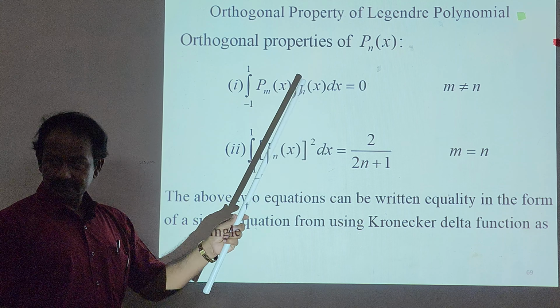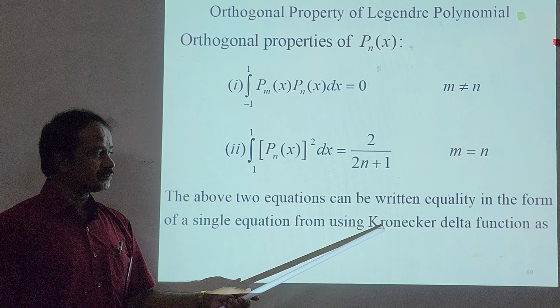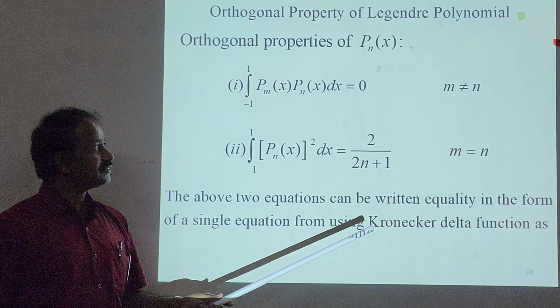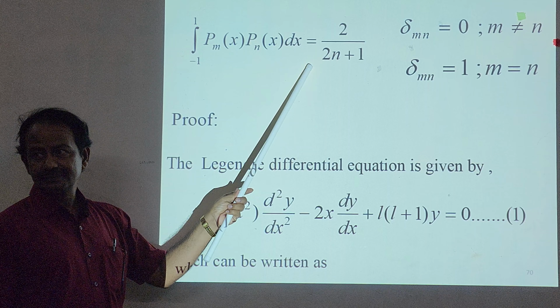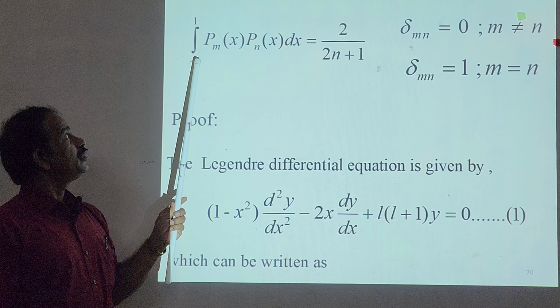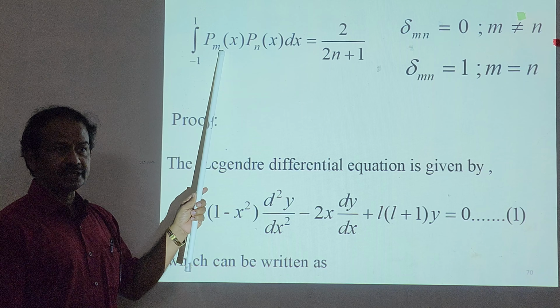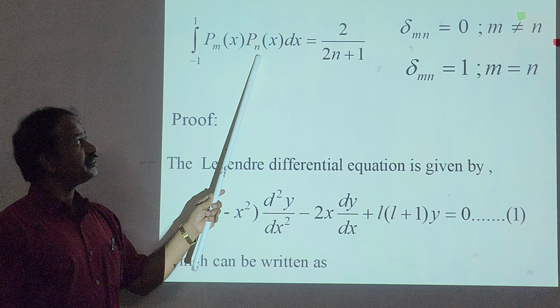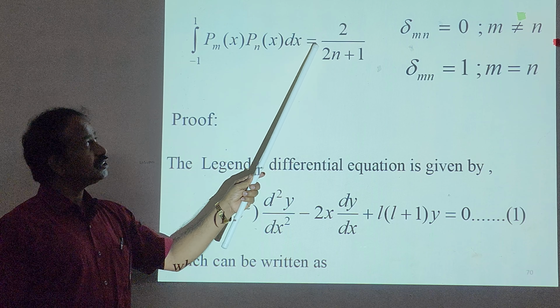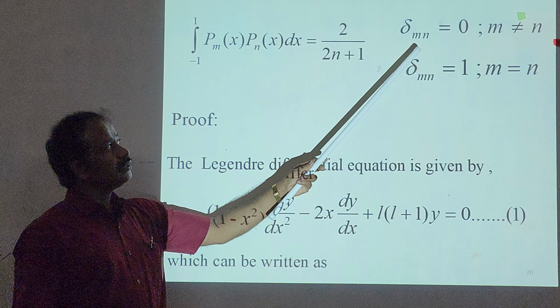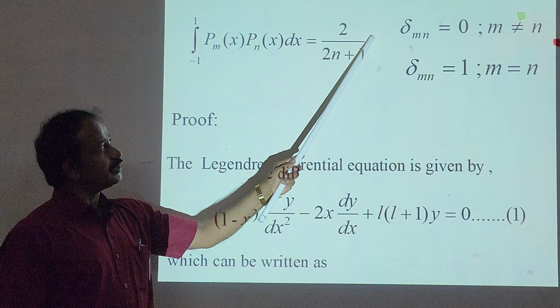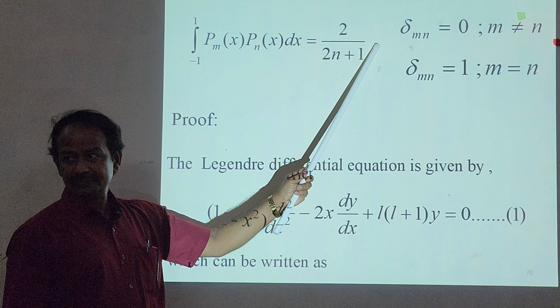We can write this in terms of the Kronecker delta function like this. The integration from minus 1 to plus 1 of Pm of x, this is one Legendre polynomial, and Pn of x, another Legendre polynomial, is equal to 2 divided by 2n plus 1 times the Kronecker delta.